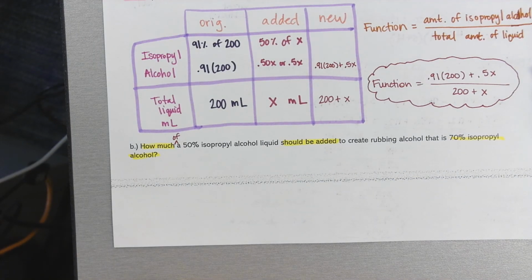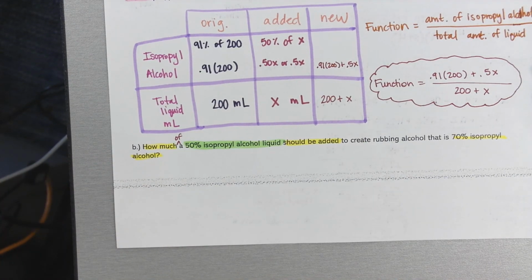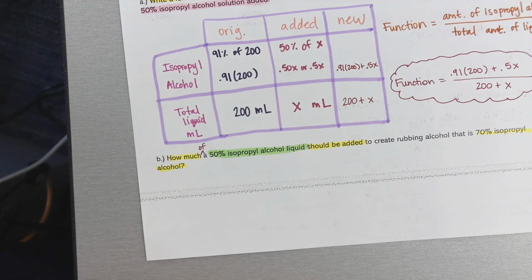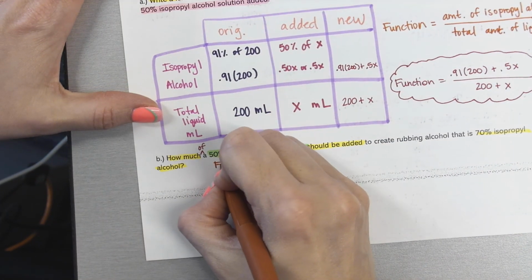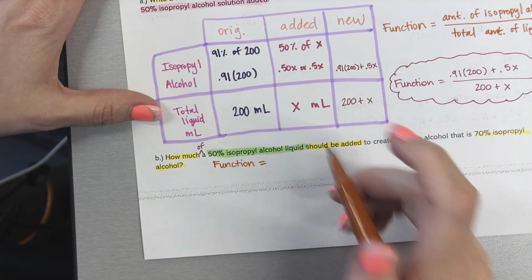Okay, so how much of that 50% should be added to create rubbing alcohol? So all we have to do for this one is that we want our function to total 70%.